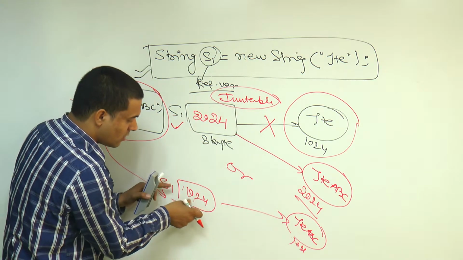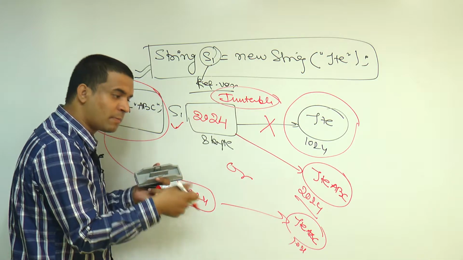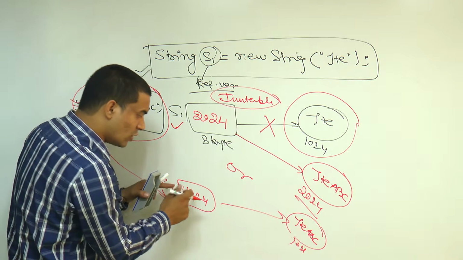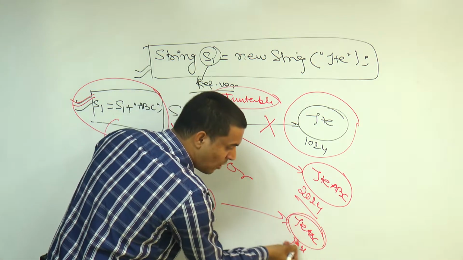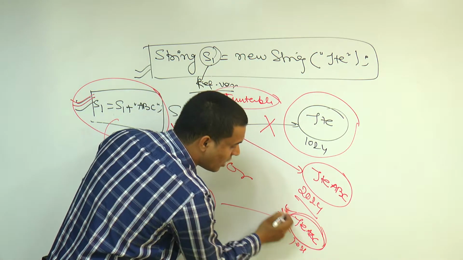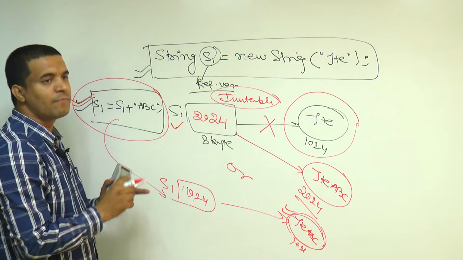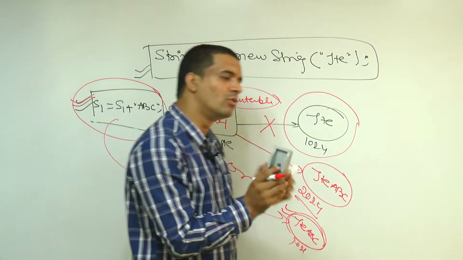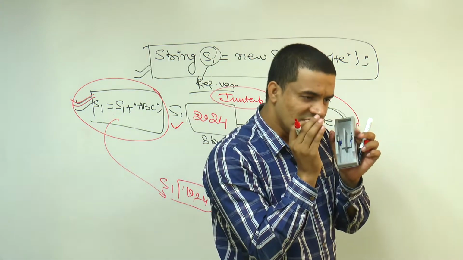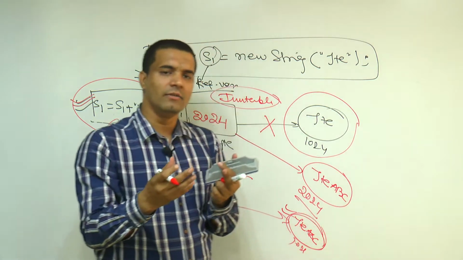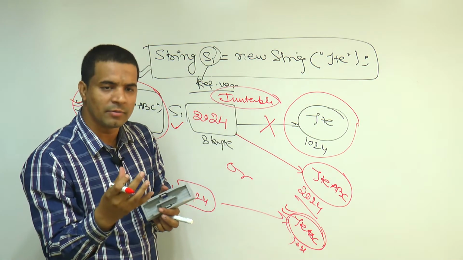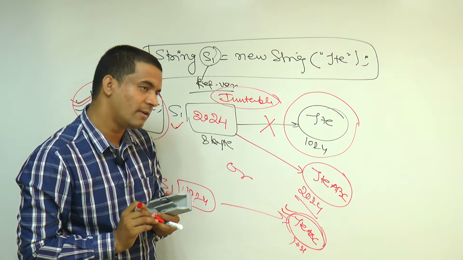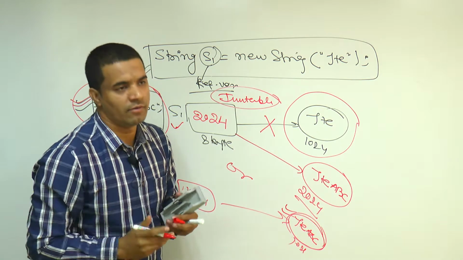So the memory which was previously allocated by that object, if the changes happen in that memory location itself, we will call that mutable. So I am concluding mutable and immutable once again: inside the allocated memory of some object, if you are able to perform any sort of changes, that is mutable.